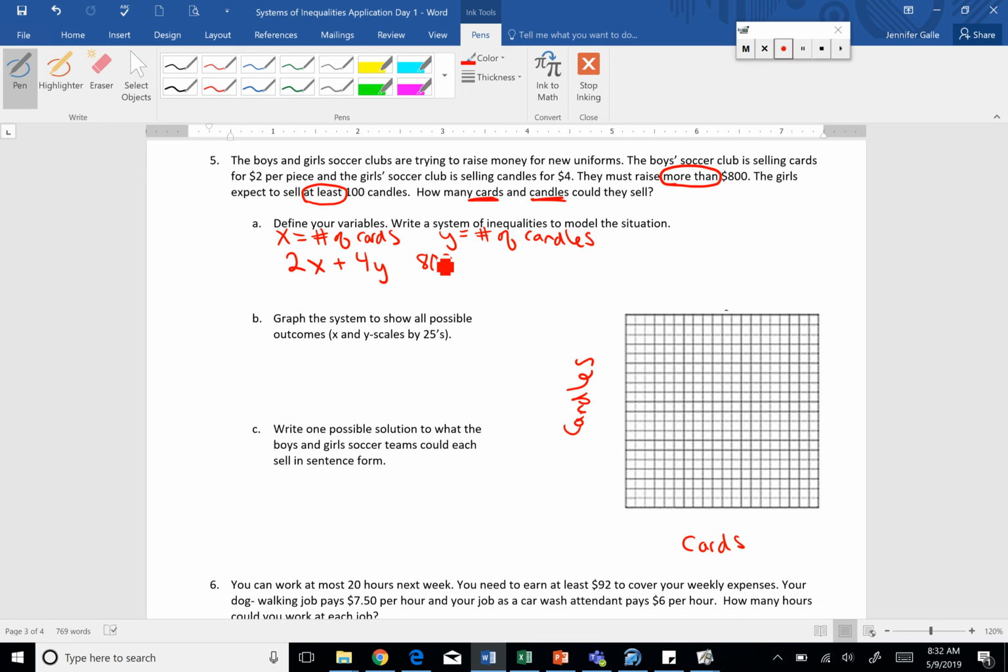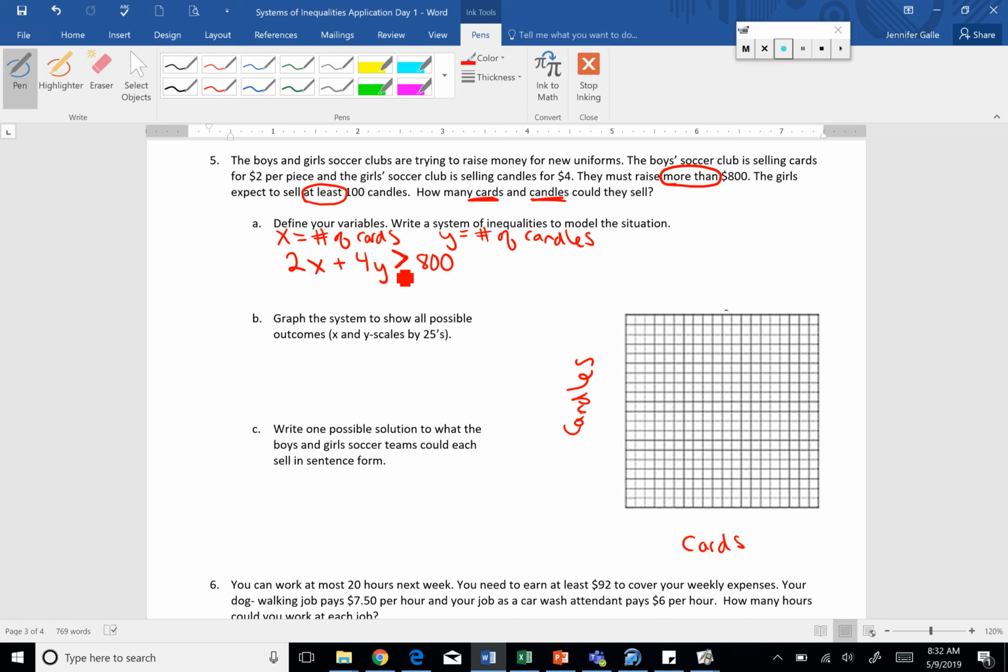It's facing towards. If I want more than $800, is 800 the most I want, or is it the least I want? If I want more than 800, 800 is the least. So my symbol's going to go the other way.